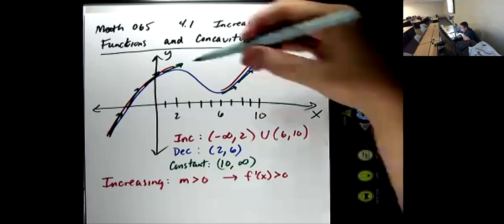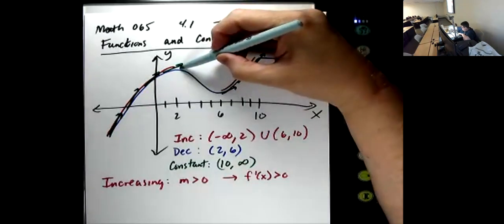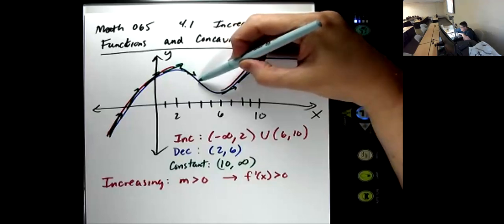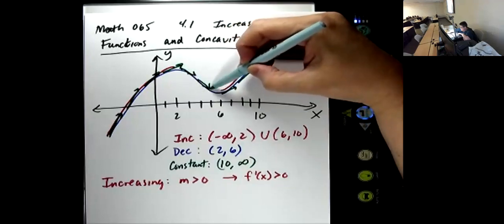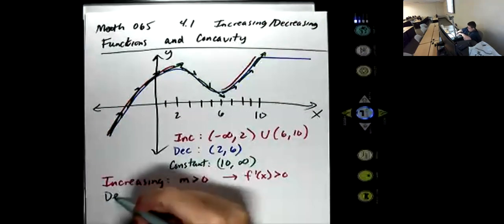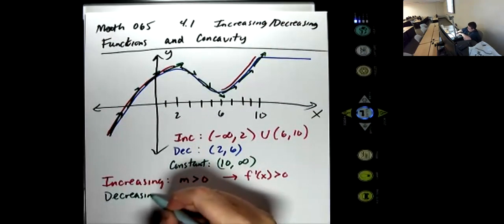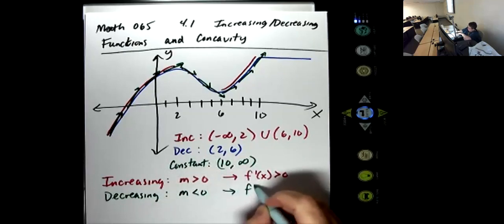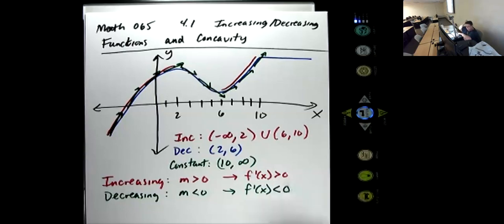We notice something similar with decreasing regions. The tangent line is pointed downward. So m is less than 0, which means f prime of x is less than 0.